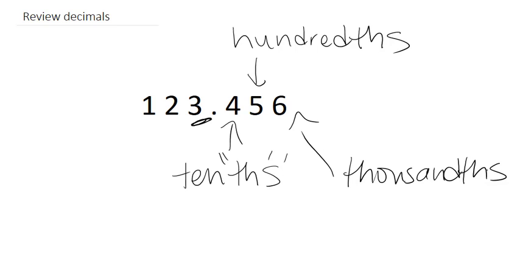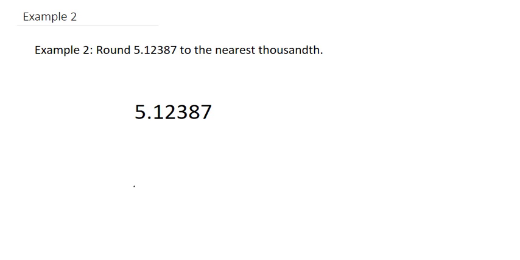The same rules that we use to round whole numbers also apply to decimals. We will first identify the place value to round to. Let's look at this example. Round 5.12387 to the nearest thousandth. So we're going to start with the ones place, which is where the 5 is, right?